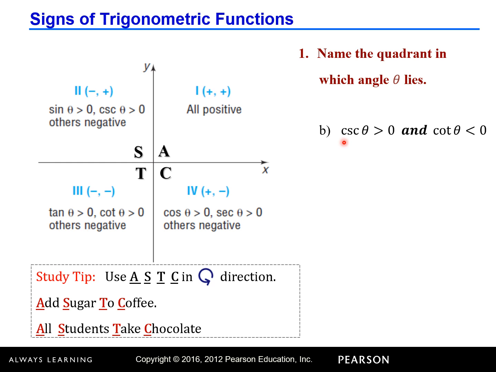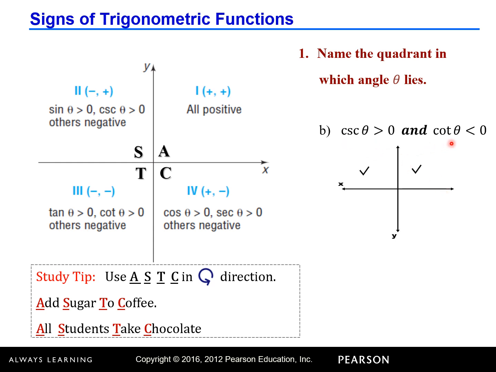For the second example, cosecant theta is greater than 0, meaning the value must be positive, and cotangent theta is less than 0, meaning the value must be negative. If we look at the signs, cosecant theta is positive in the first quadrant and in the second quadrant, since sine and cosecant are positive in the second quadrant. So we take the first and the second quadrant for cosecant theta greater than 0.